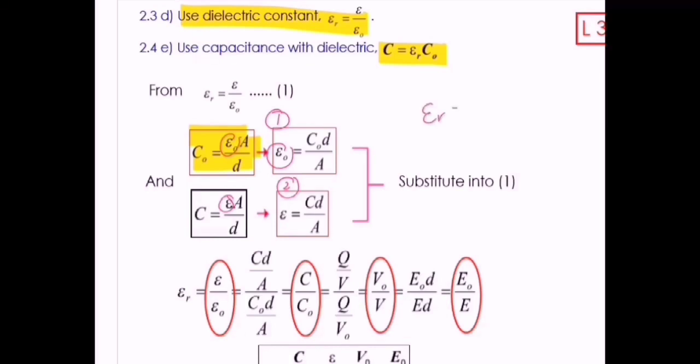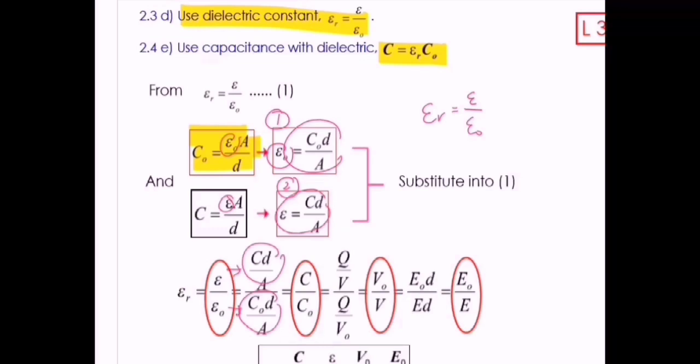And then we know the relative permittivity, epsilon R, is epsilon over epsilon naught. So we substitute equation 2 and equation 1. Since the distance and the area are constants, they cancel off each other.